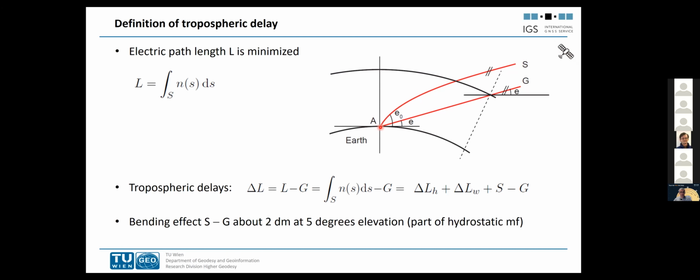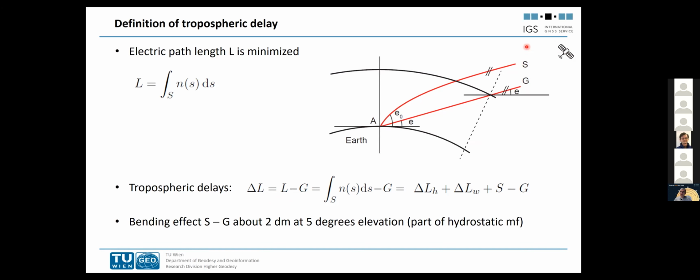The tropospheric delay is the difference between the electric path length and the geometrical distance between the station and the satellite. We can separate this again into the hydrostatic part and the wet part.